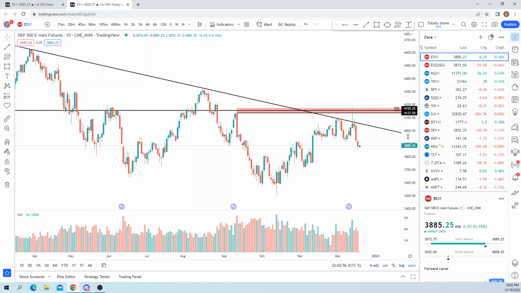So the common retail trader way of thinking is, oh, I'll stop out above prior highs, or oh, I'm gonna get in on the breakout above prior highs. What that does is it provides a lot of retail liquidity.